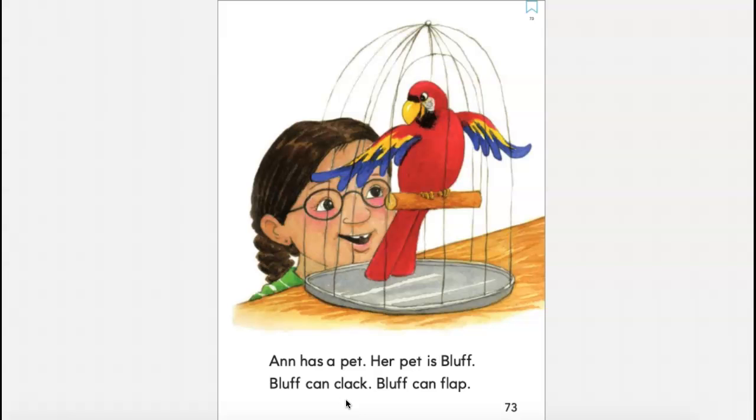We can hear the blend with the L with the C, L together. And the last word I see is the word flap. We can hear the blend with the letter L when it is used with the FL sound.